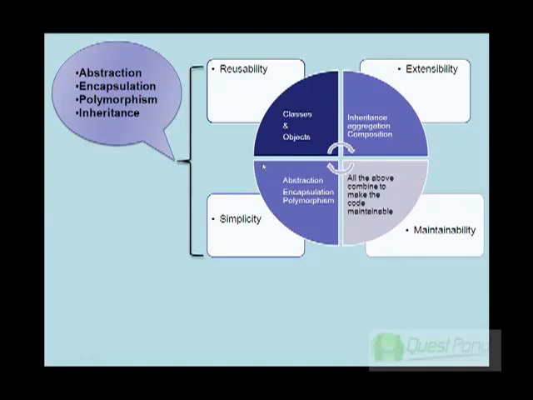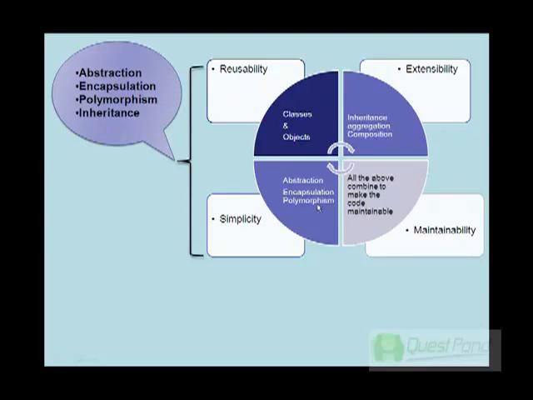The third problem associated with functional programming was simplicity. Because of reusability and extensibility, you end up with a lot of functions and a lot of scattered code, different method names, different functions. Object-oriented programming has addressed this issue by providing three important properties: abstraction, encapsulation, and polymorphism. We'll come to this step by step in the coming up videos, but at this moment, as I've already mentioned, we are trying to map the problems and see what object-oriented programming has given in order to solve them.